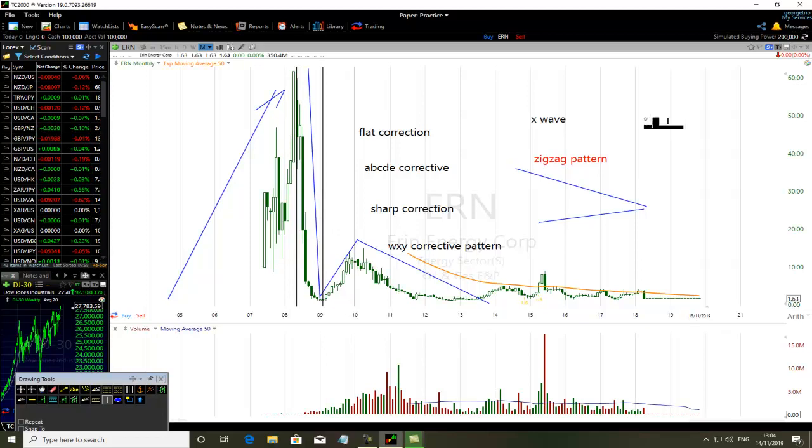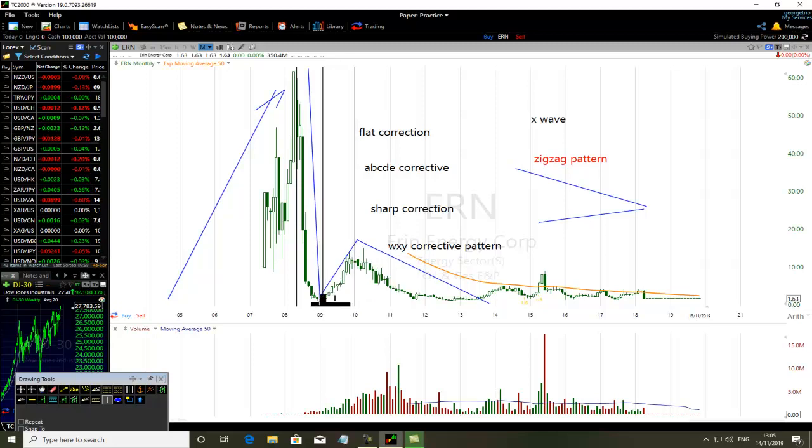But the correct answer is a zigzag. Because the zigzag pattern is ABC corrective wave. The A wave of the zigzag pattern sometimes is a sharp correction. And we do not see the internal wave of the A part of that sharp correction. Okay, so it's a sharp correction, 1, 2, 3 up.